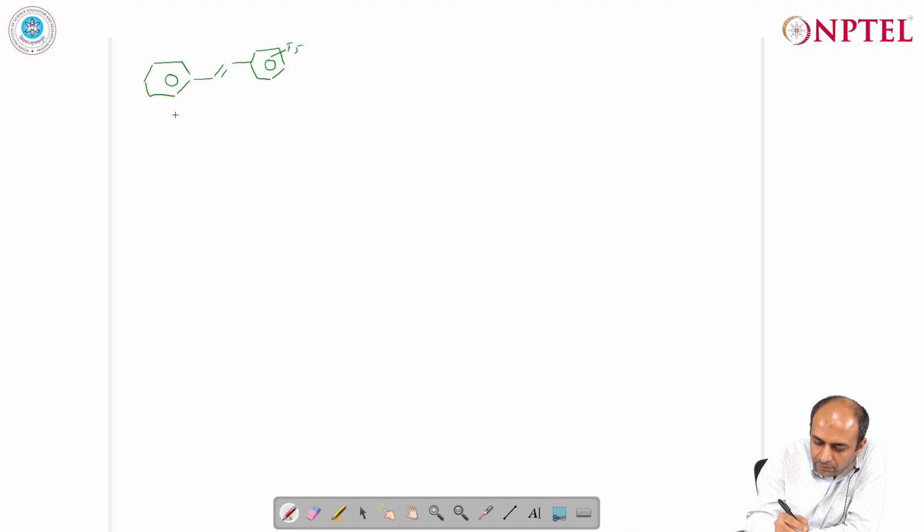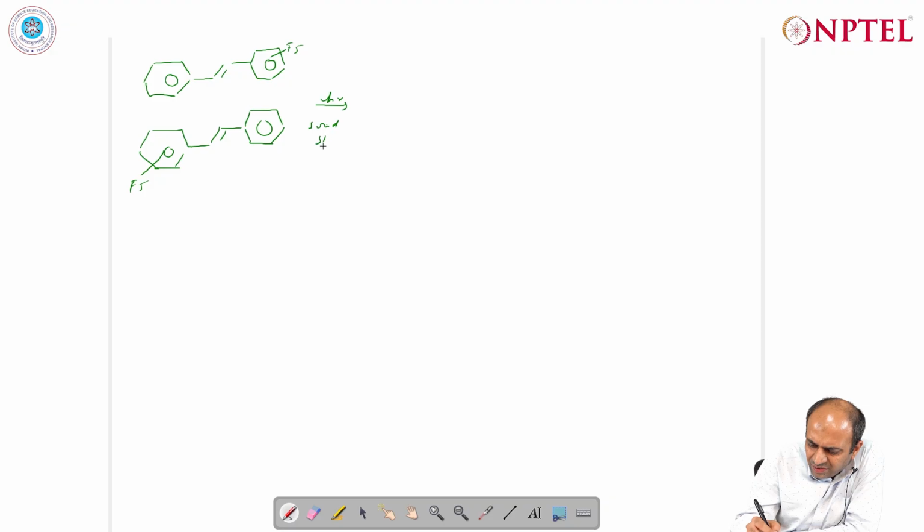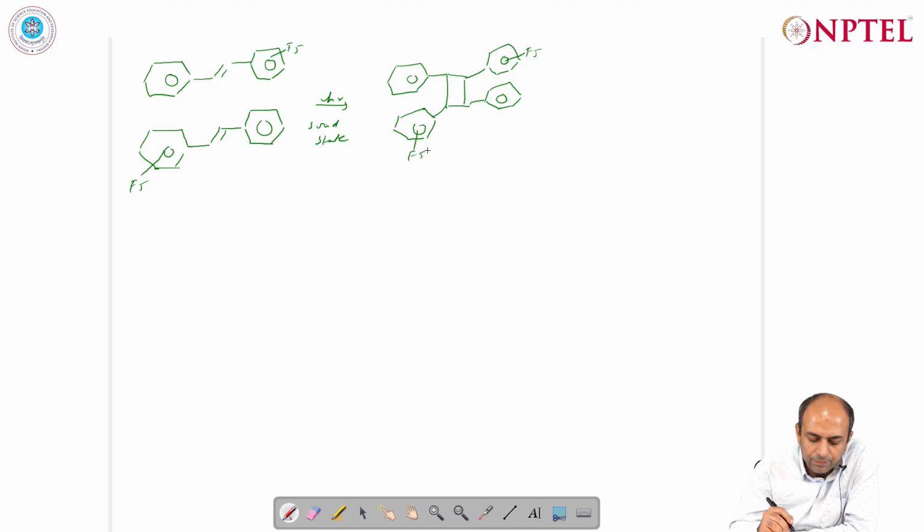For example, say we have F5 here, we have F5 here, and this can dimerize on irradiation in the solid state to give you this dimer, with F5 here and F5 here.